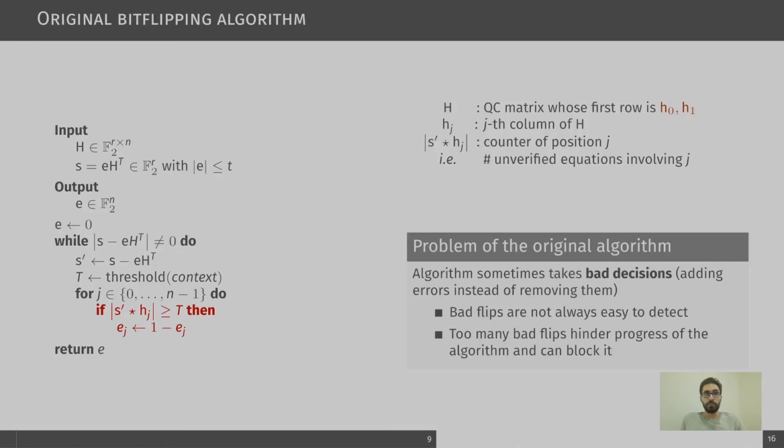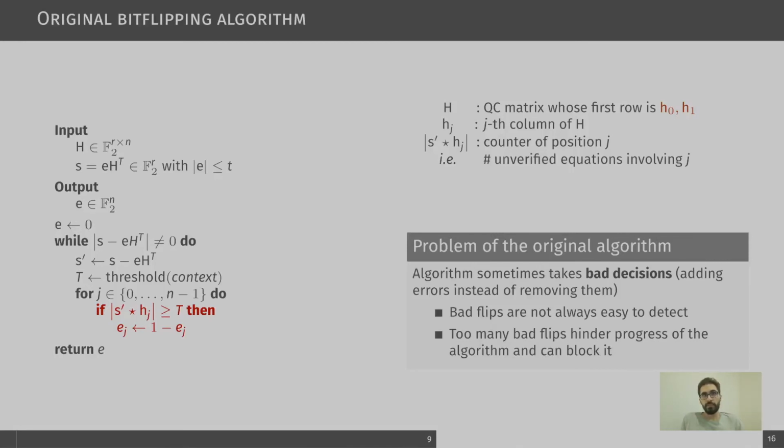So to try to reduce the number of errors of the pattern that we are decoding, the algorithm will flip all the positions that have a counter above some threshold. Then, after doing many flips, it will recompute the syndrome and restart the same process until it has found all the errors. It will know that it has found all the errors when the syndrome is 0.